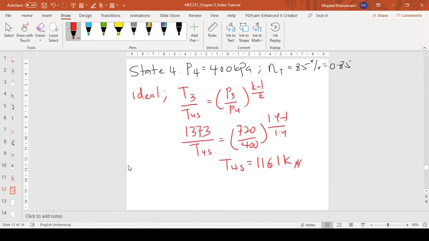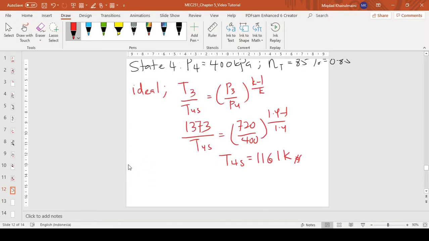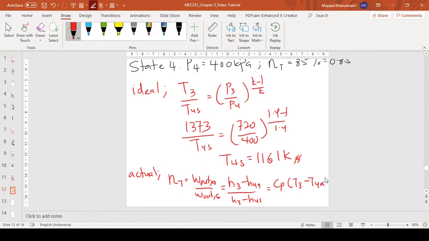Next, since there is an isentropic efficiency, we have to find the actual condition. For a turbine, the isentropic efficiency is the actual work output over the ideal work output: H3 minus H4A over H3 minus H4S, which is Cp times (T3 minus T4A) over Cp times (T3 minus T4S).